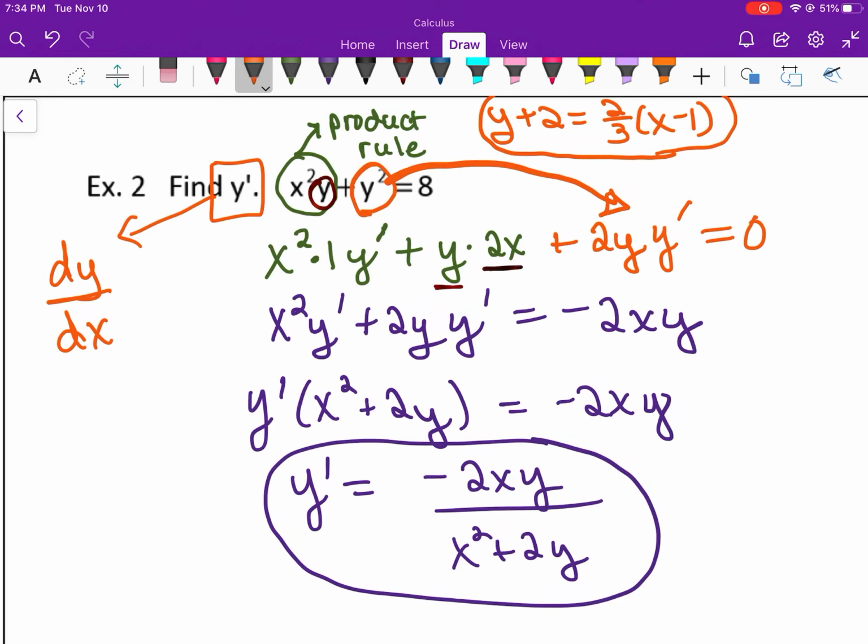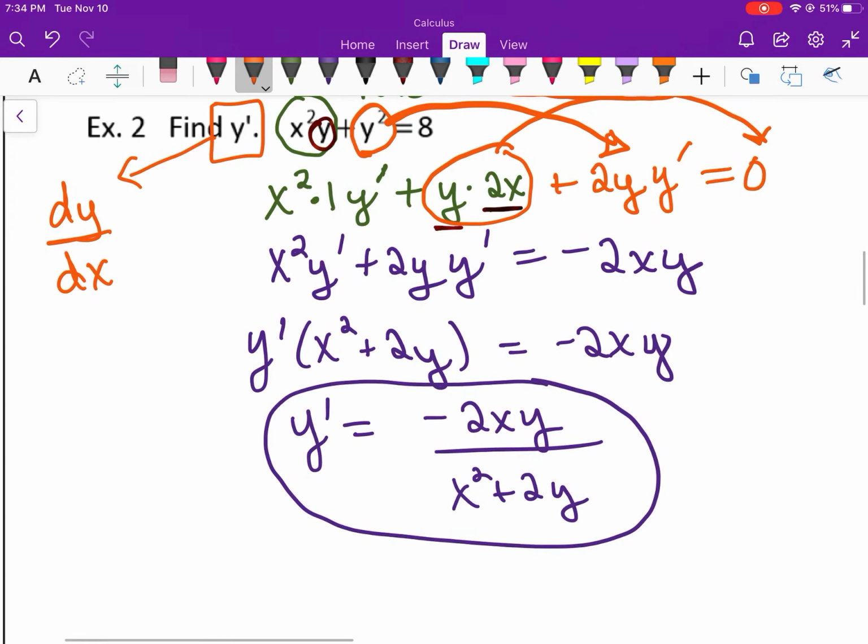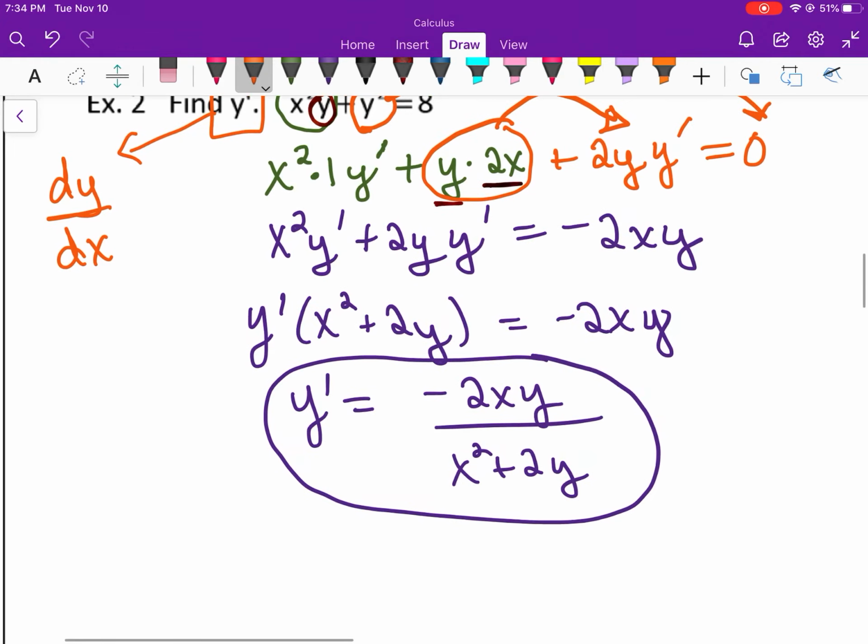And so that's 2y and then y prime again because I did the derivative of y. I'm going to throw this term here to the other side because it doesn't have y prime, and that keeps the other two terms together that have y prime. I factor out y prime and then divide, and I have my answer.